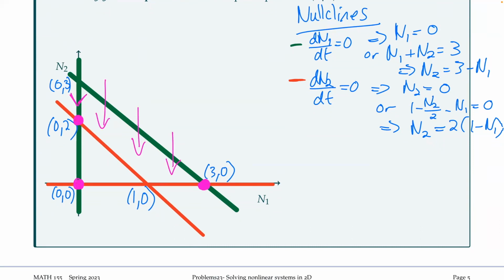We go down as well here on this axis, above 0, 2, and we go up when we're below 0, 2. On the horizontal axis, we go right when we're to the left of 3, 0. We go left when we're to the right of 3, 0. And we cross this red null line, this diagonal one, going to the right.